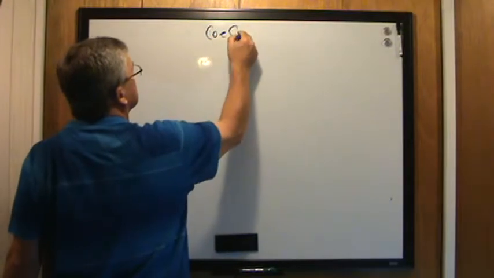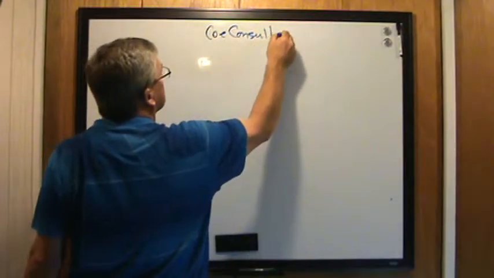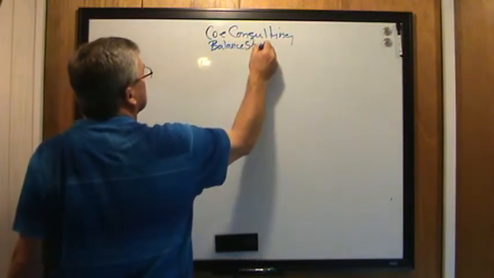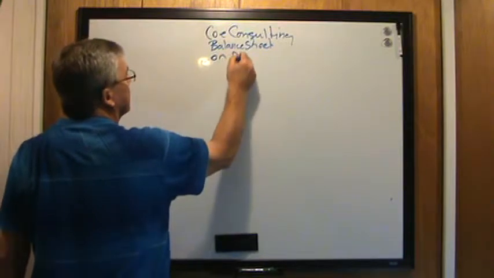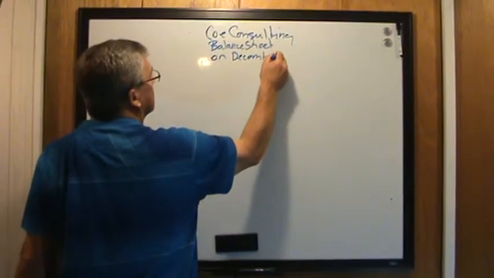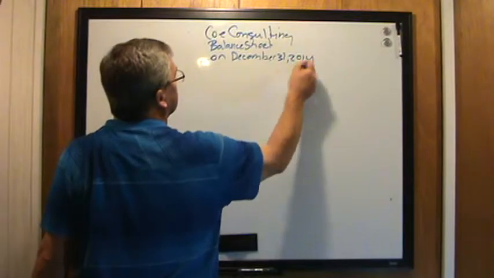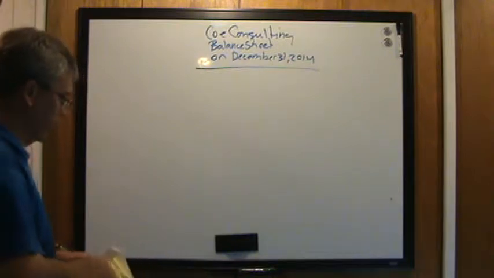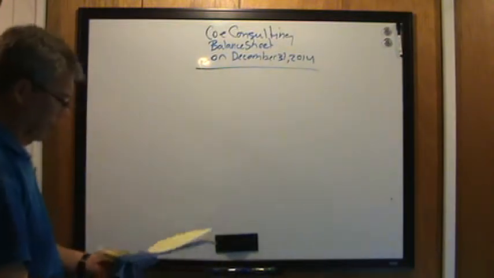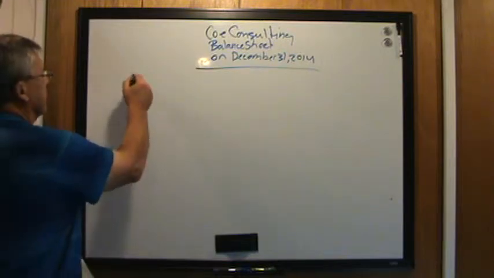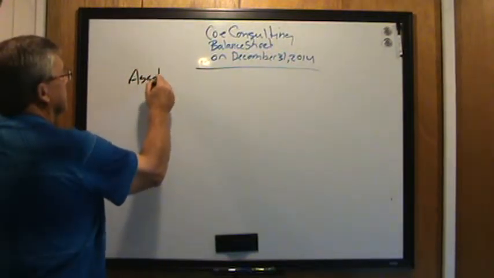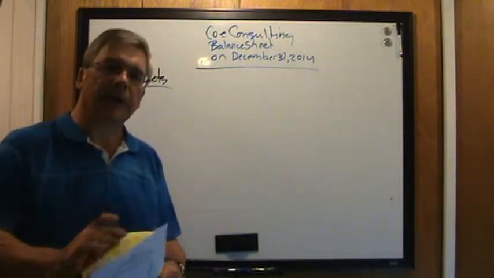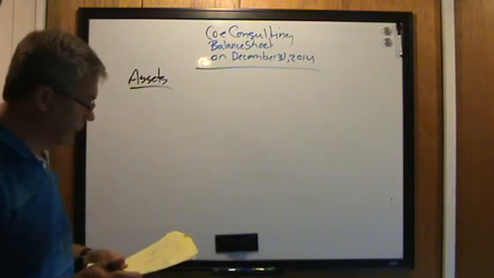Co-Consulting, balance sheet on December 31st, 2014. All right. That's enough blue. Let's go back to black. Okay, we're going to do the assets first. And once again, we're going to get more serious about classifications later, but I'll give you lots of warning, so don't worry about it just yet.